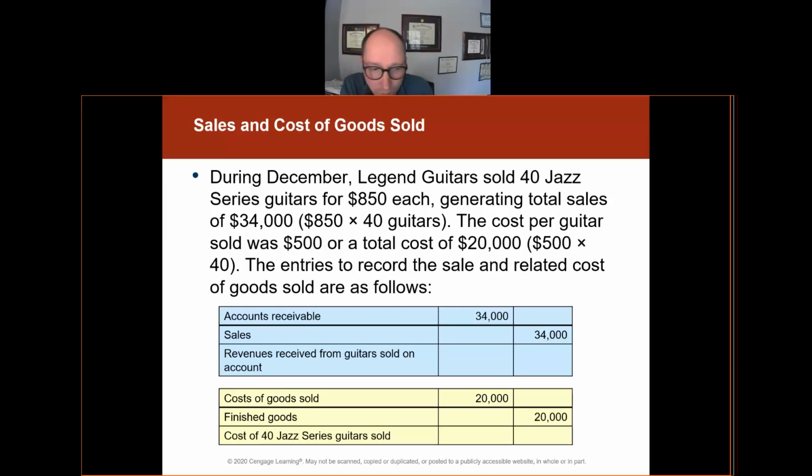You have to account for what you sold. So we debit accounts receivable, credit sales. That represents the sale of the guitar. But now we, of course, need to take it out of inventory. So to do that, we debit cost of goods sold and we credit finished goods. That represents the cost of the guitar sold.